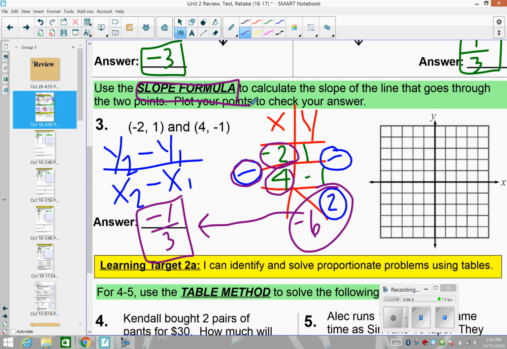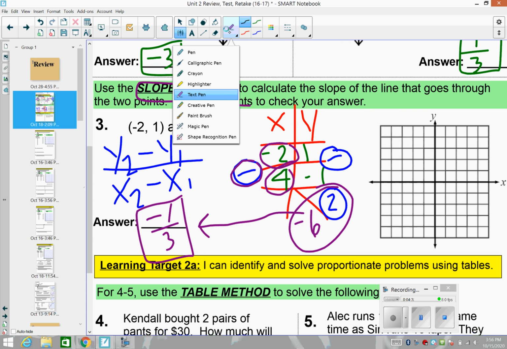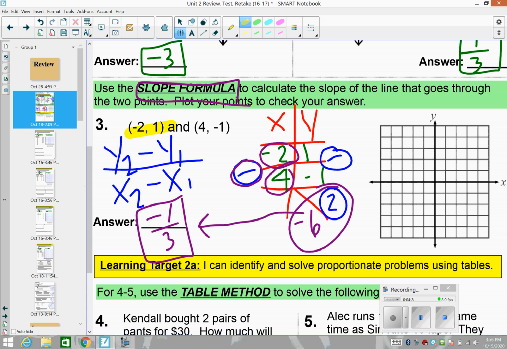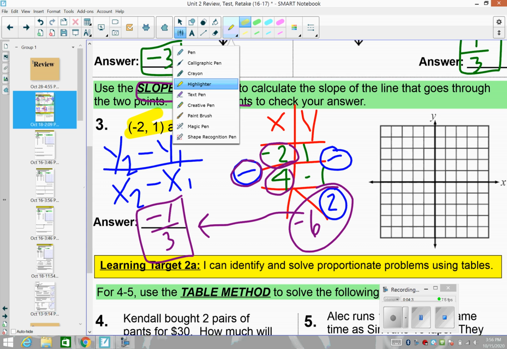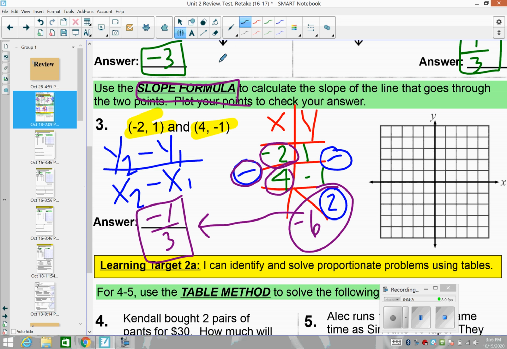Then it asks us to plot the points on the graph and confirm that we have the correct slope. So if we plot our points, we'd go back to the 2 data points that were given from the very beginning. This data point and that data point. If we were to plot those then, left 2, up 1, right 4, down 1.